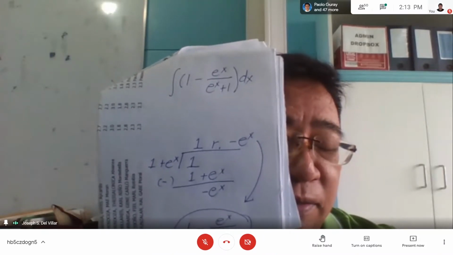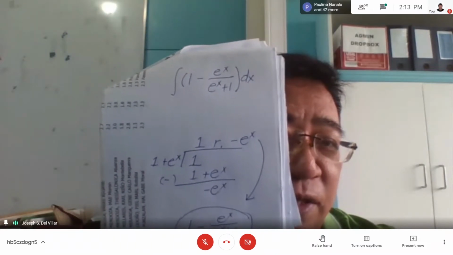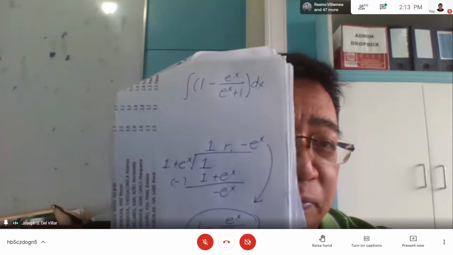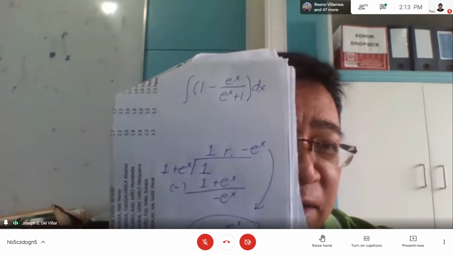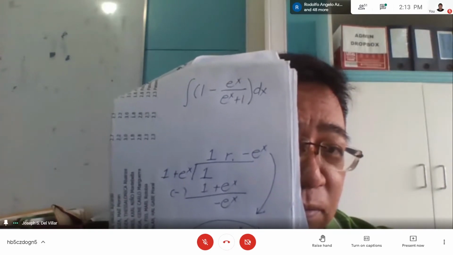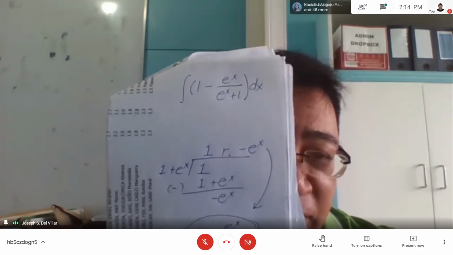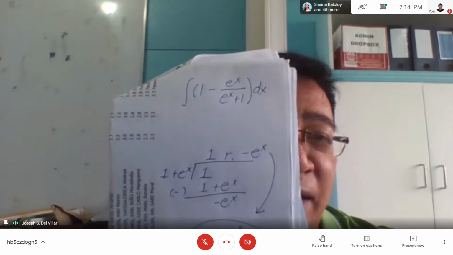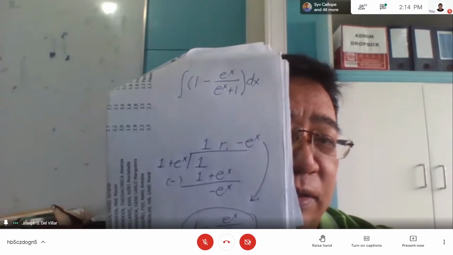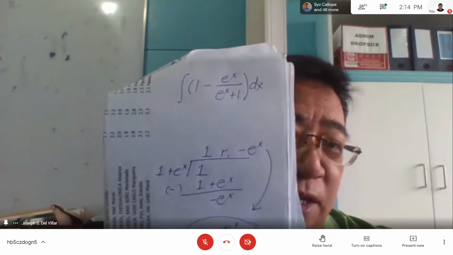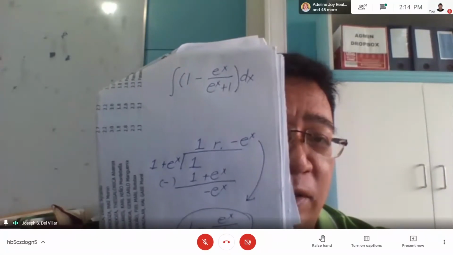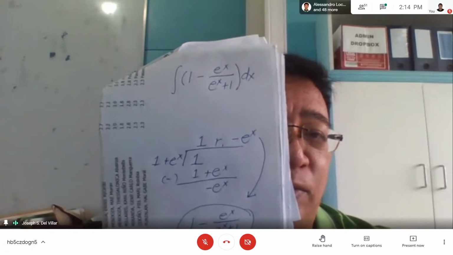So check the differential of the denominator. The differential of e to the x plus 1 is e to the x dx, and our numerator is exact, e to the x dx. So we have nothing to add or introduce. So it is an exact differential. So apply the natural log of the denominator, ln of e to the x plus 1 plus c. So the final answer is x minus ln of the quantity e to the x plus 1 plus c.